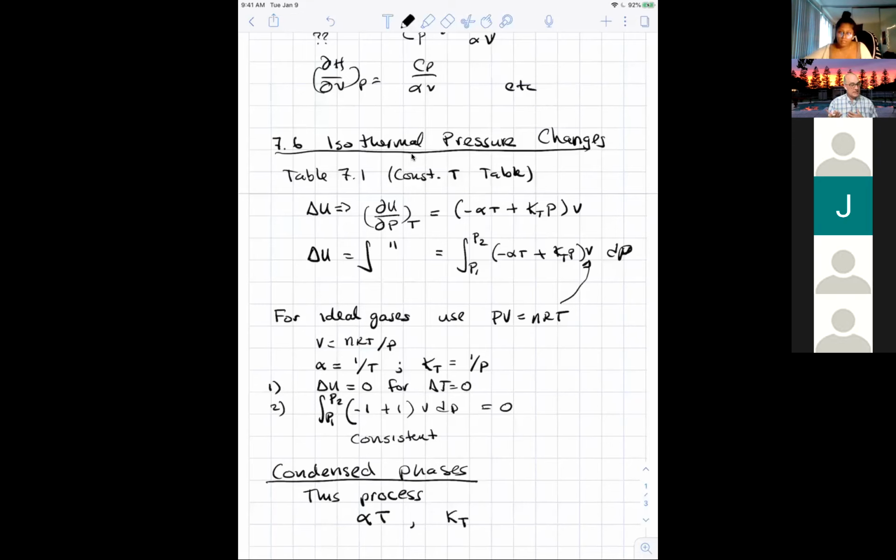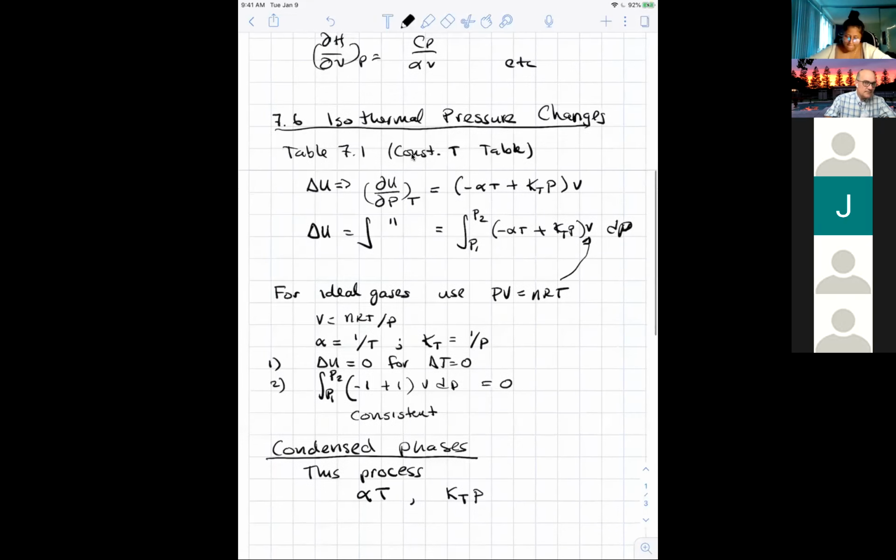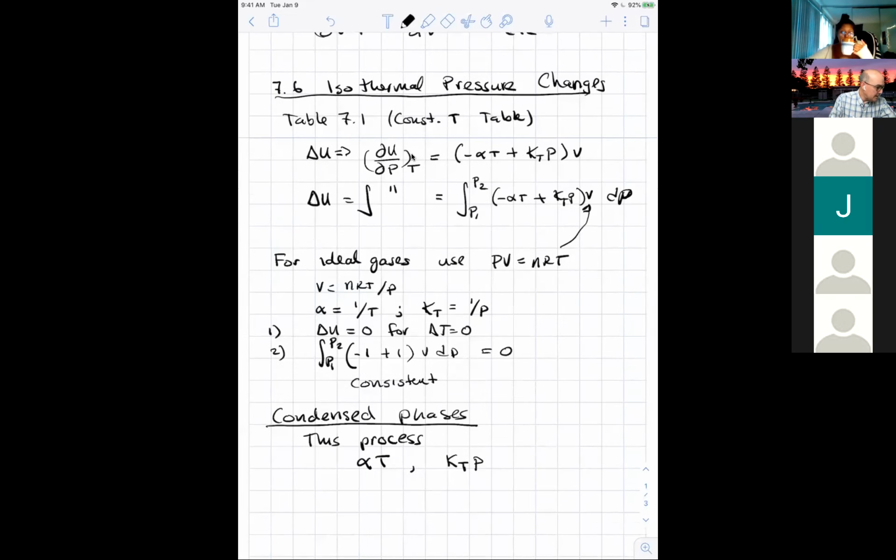We have alpha T and we have kappa T times P. Well, what are they? Alpha is the compressibility, right? And kappa is the expansivity, right? And these things have some physical meaning for a solid or a liquid.